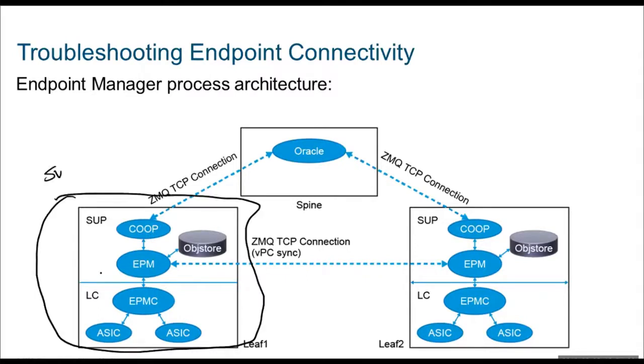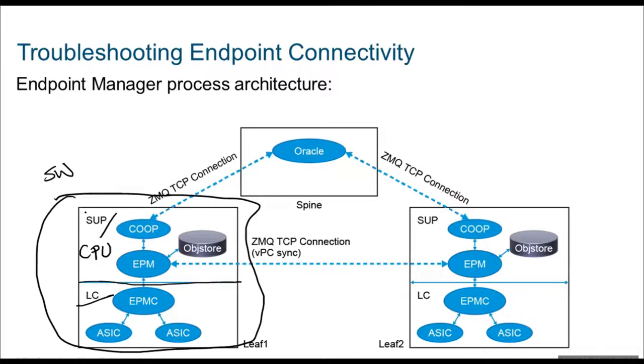And they've actually drawn a distinction between the supervisor or your CPU and your line card. So that's a switch. It's a leaf switch. It could be a 9300, which is not even a modular switch, but we still use the term supervisor because we're kind of saying, hey, that's the CPU, the central processing unit.